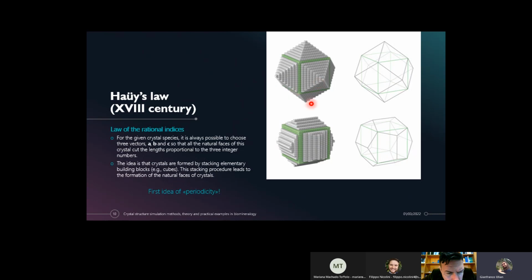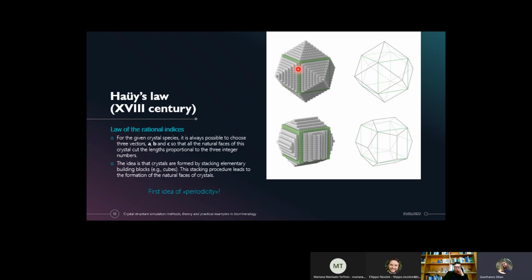So let's take these 2 examples here. We have 2 crystals. You can see that there are different faces, and this is the polyhedron that is associated to this development. The idea of Haüy is that the crystals are made by stacking elements.